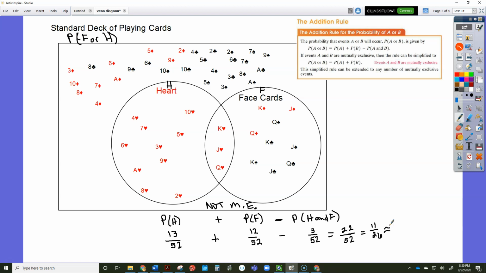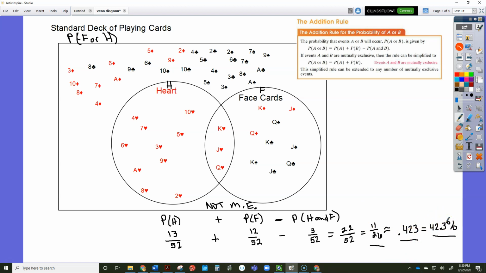It can also be written as the decimal, and I put a little wavy sign right there because I'm going to round, 0.423, and that can be rewritten as about 42.3%. So be able to write the answer in one of three ways: the fraction, the decimal, or the percent.